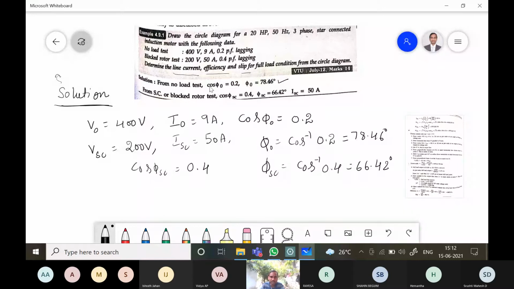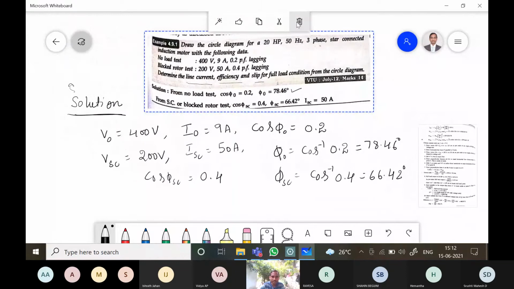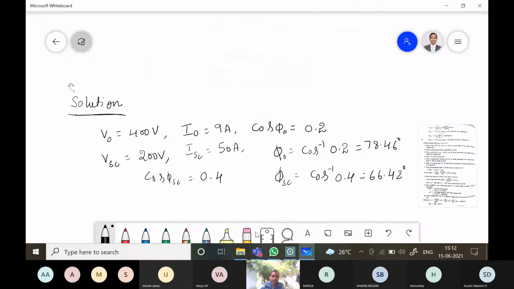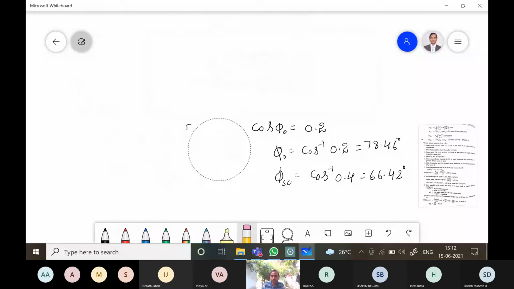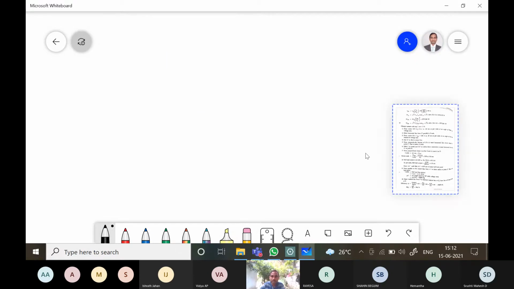For that, first we need to draw the circle diagram. So to draw the circle diagram, what do we have to do?